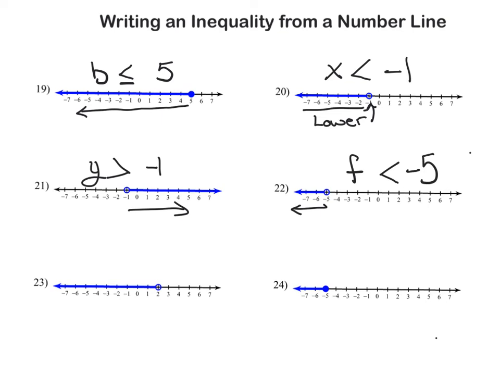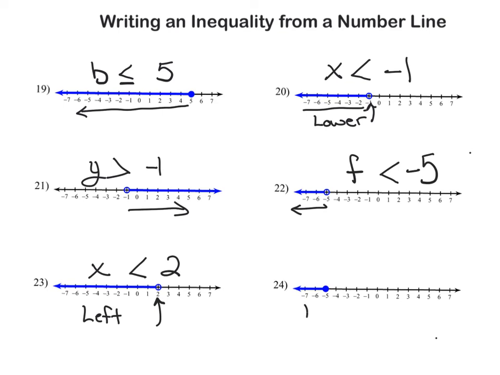And I'm not sure why a lot of these are going to the left. I just picked them from a worksheet. So then this next one, we could say x, and then we have the number 2. And once again, we're going to the left. So we're going to use the less than sign, and I always got to look at that circle. It's an open circle, so it's just going to be x is less than 2.